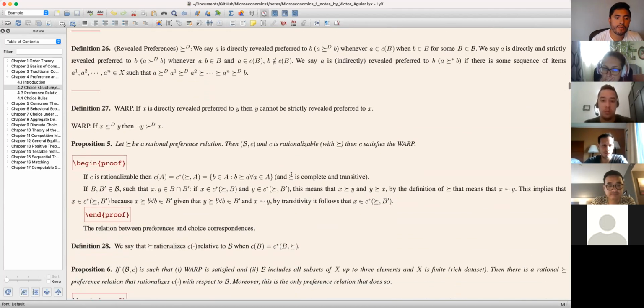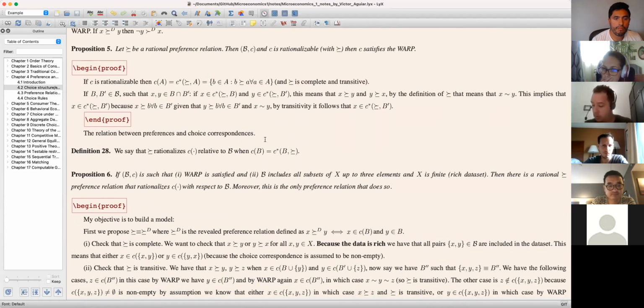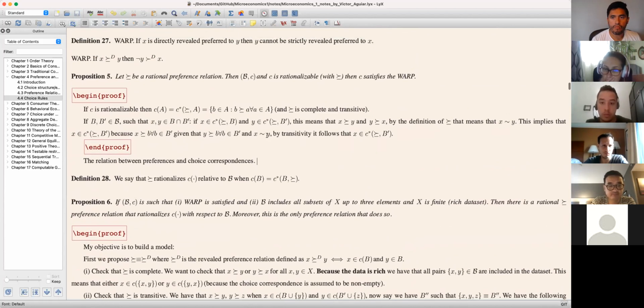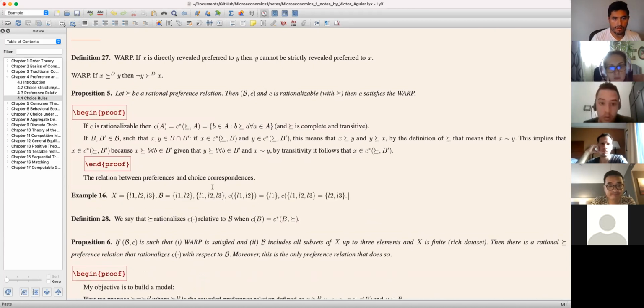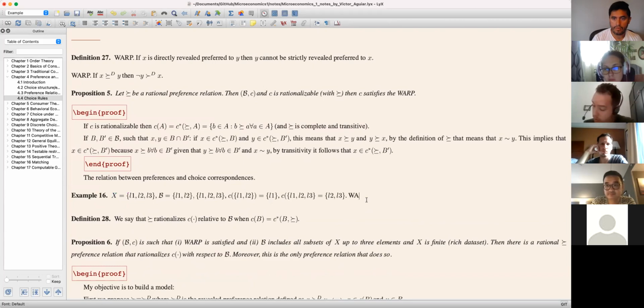Let's put it here after WARP. Yep. WARP fails. So who wants to give it a try?